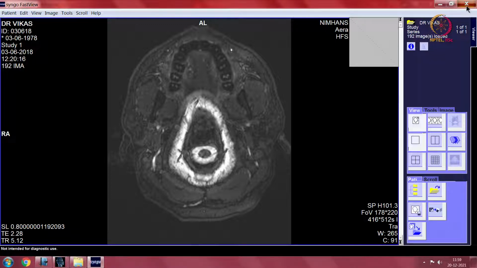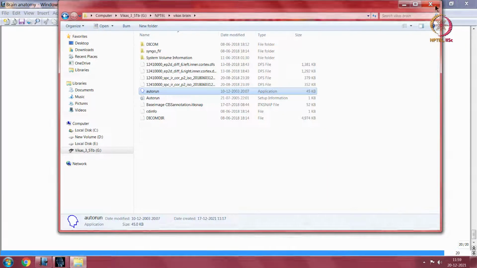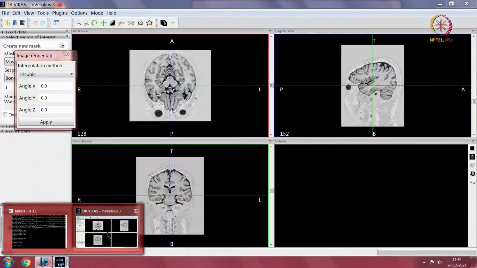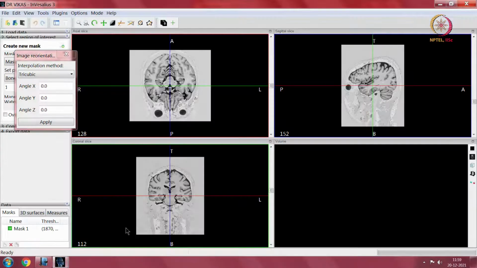Anyway, I am not going to show you that part of the story. What I would want you to see is how to interpret images, and I use this particular thing for demonstrating my images.